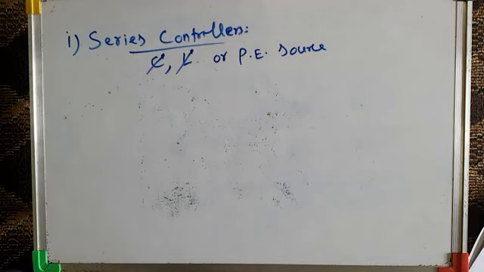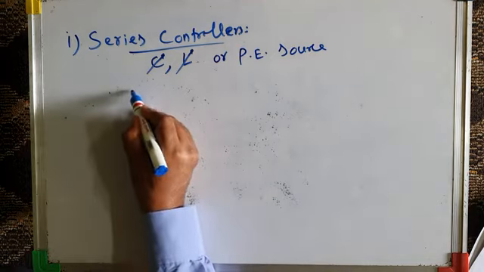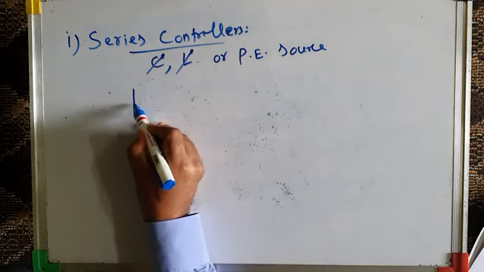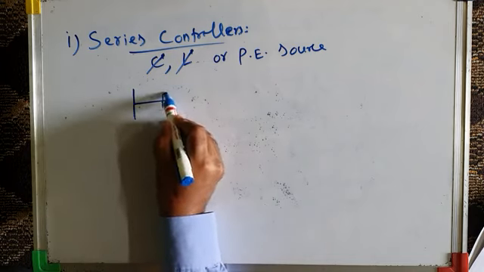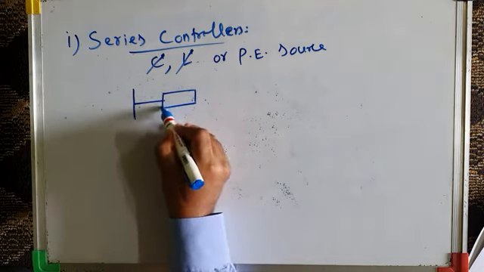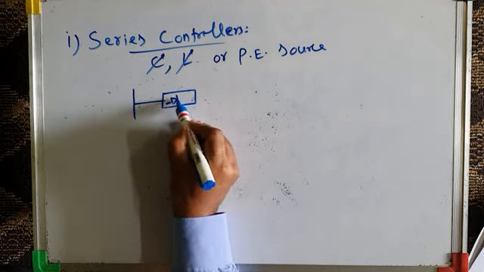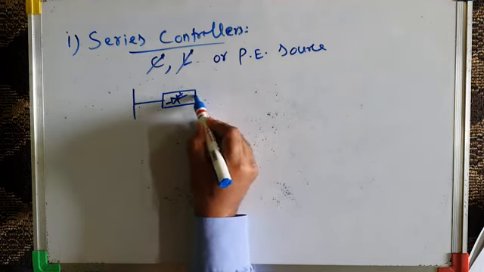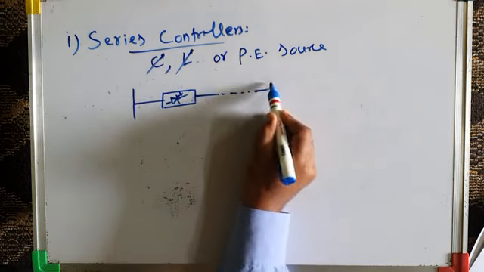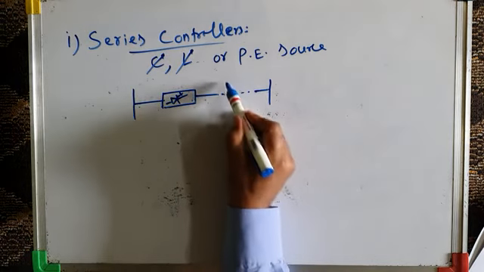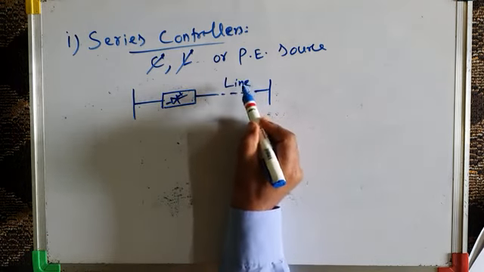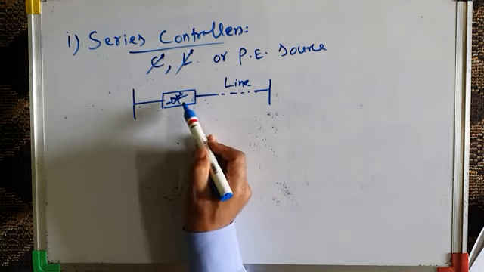Actually, all these series FACTS controllers inject a voltage in series with a line. I mean, schematically, a series FACTS controller will look like this. This is the schematic diagram of a series FACTS controller. I have a transmission line. This is a long transmission line, and somewhere here I am connecting a series FACTS controller.